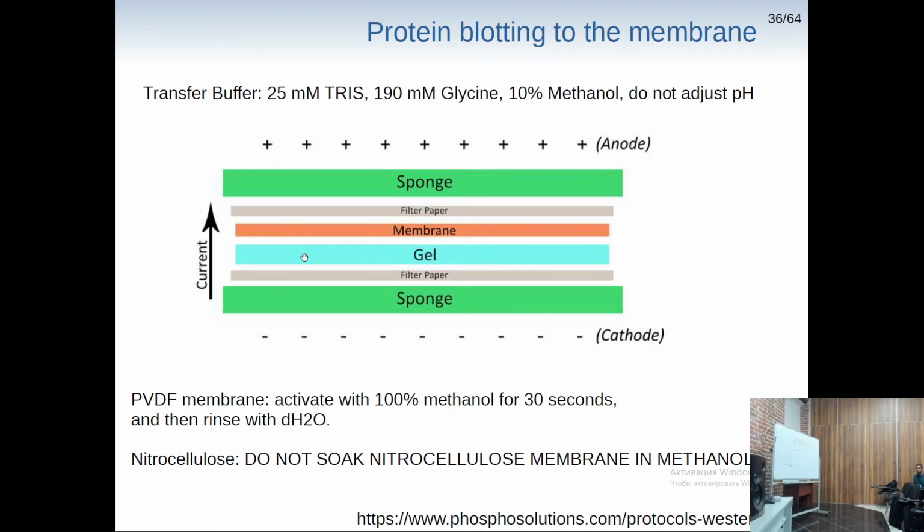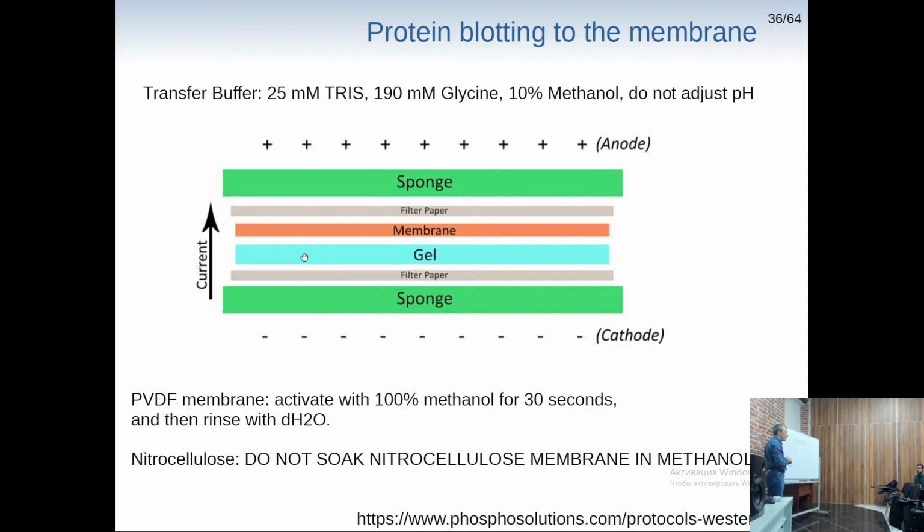Long ago there were a lot of different materials for membranes, but nowadays only two types are used: nitrocellulose and PVDF. PVDF is a really good membrane, but there's one drawback. It is highly hydrophobic, and we have our proteins in solution, right? So if you use a PVDF membrane, you need to make it hydrophilic somehow.